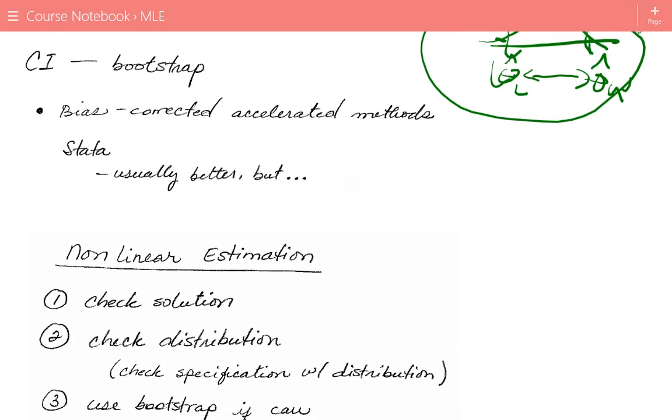There are also some other types of estimators, like a bias-corrected accelerated estimator. Stata has that in its abilities. In fact, it's got a number of different bootstrapped estimators, and you can look those up and see the particular nuances between different bootstrapped estimators in terms of confidence intervals.